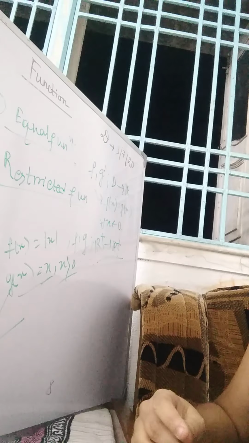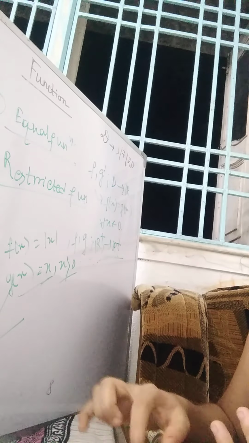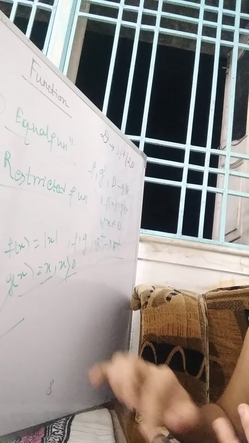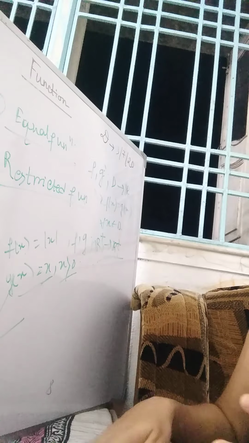There is also the function root over 2x and 2x whole to the power half, which are also equal functions defined in another way. Now this is a restriction of a function.